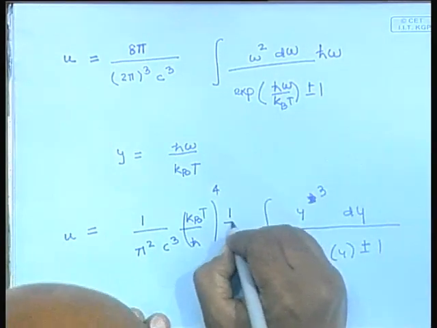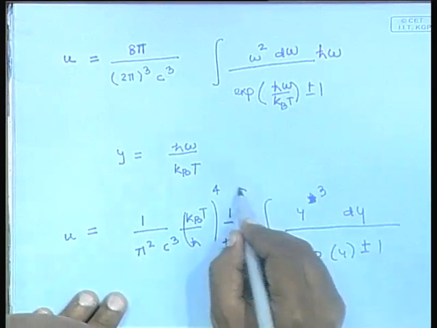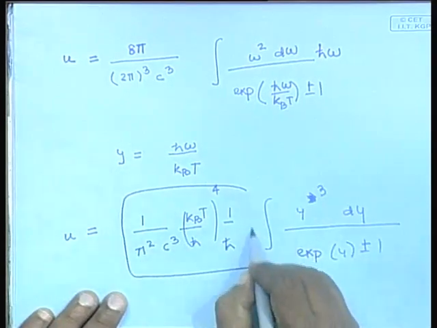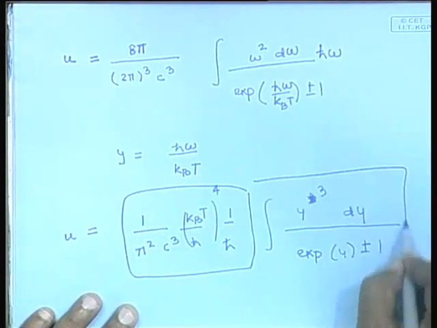So, we have to divide this by 1 by h cross. So, this is something which is there, and we have to evaluate this integral.